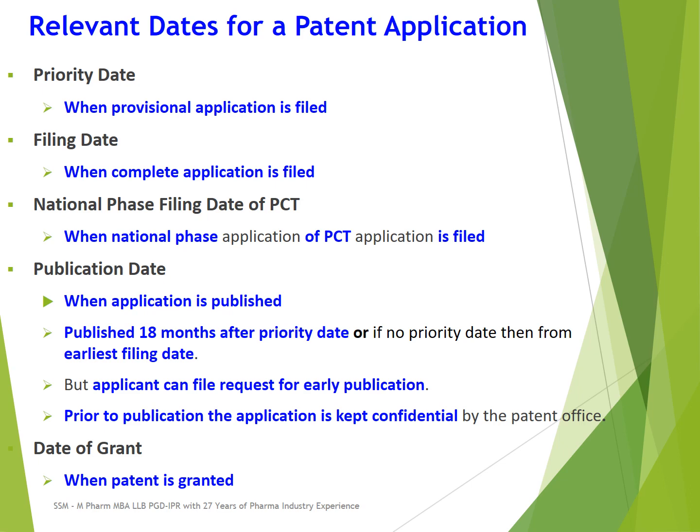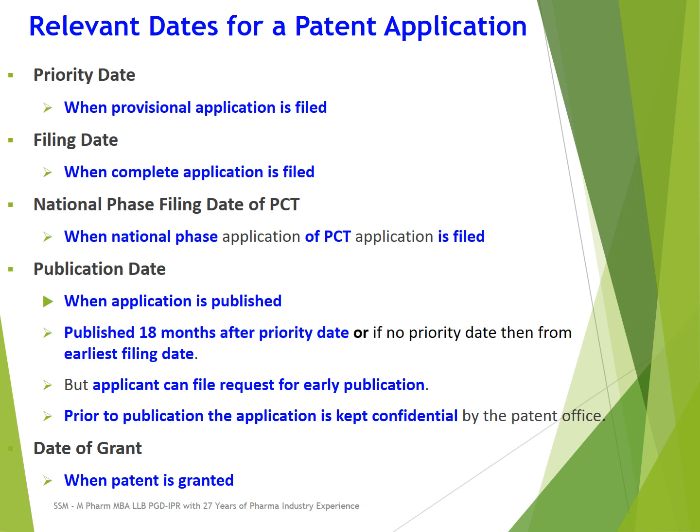The PCT filing date will be the date when you file the complete PCT application. The national phase filing date of PCT is when you file the national phase application of PCT in each country. Next is the publication date. When your application is published, that will be called the publication date.